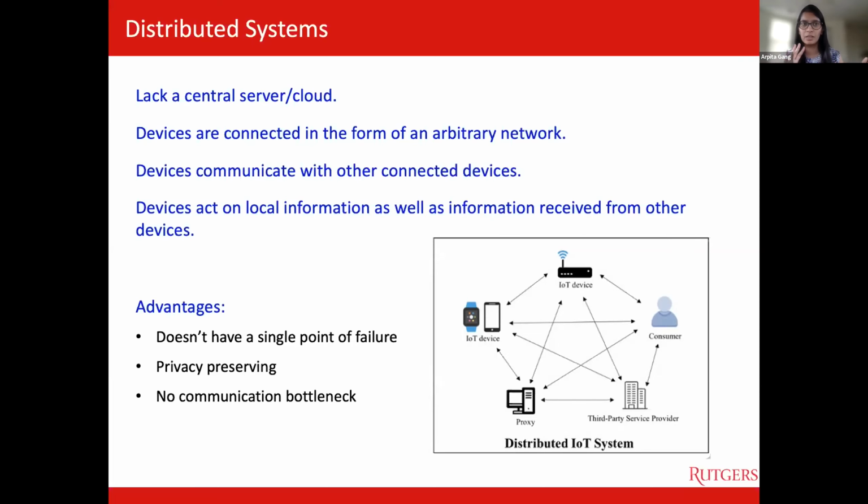So the privacy is maintained, like each device has its own data. Usually raw data is also not exchanged with each other. And there's no communication bottleneck, because with this vast system where there's hundreds of millions of devices and so much data, there can be a communication bottleneck if all the data has to be transferred to a single point. So these are some advantages that distributed systems have over centralized systems.